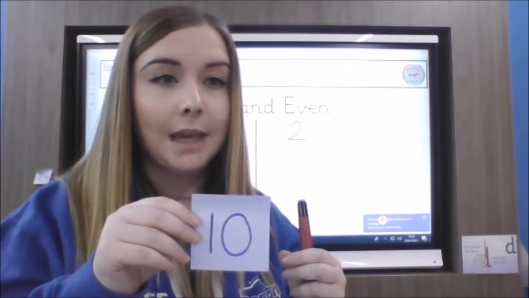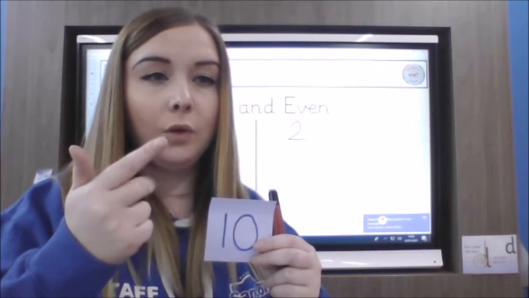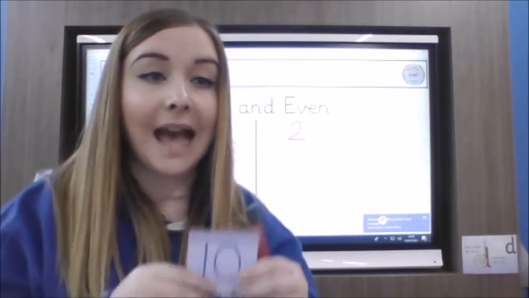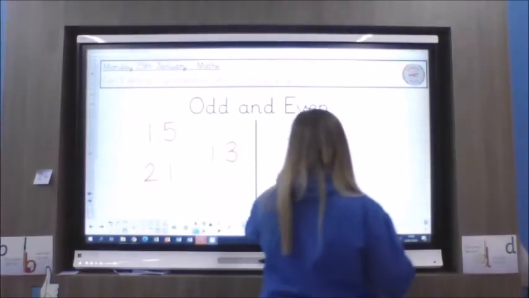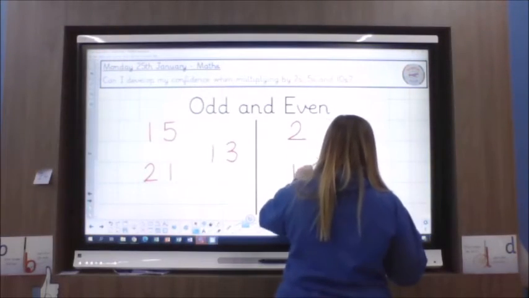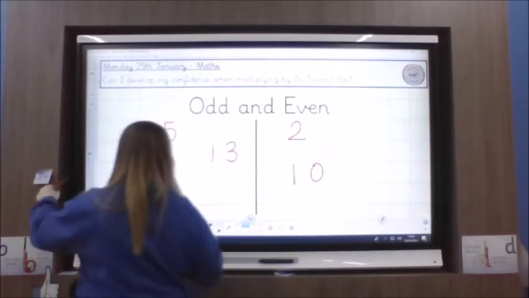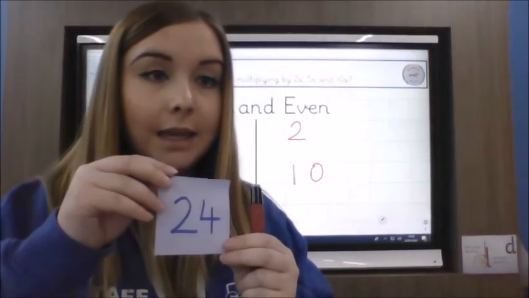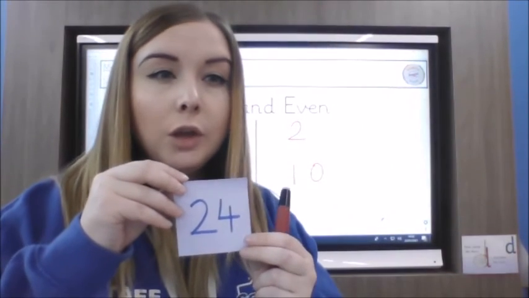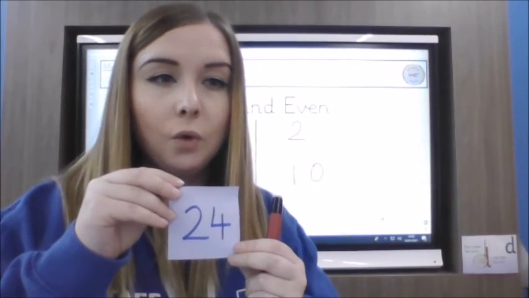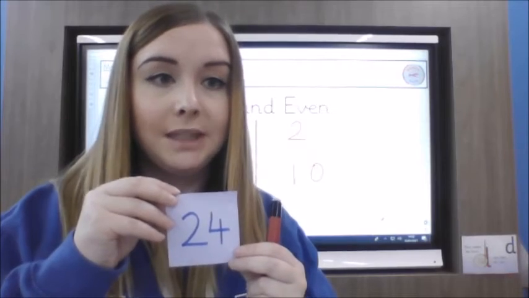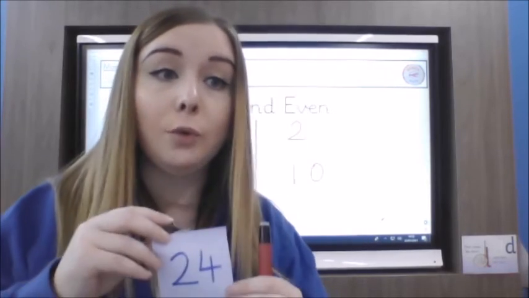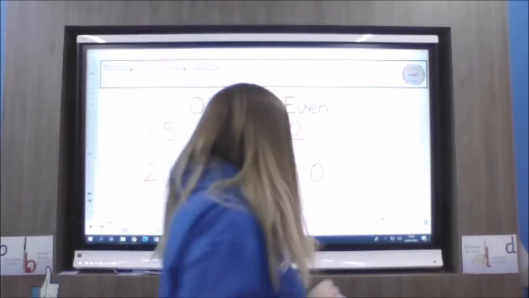Now, do I say the number 10 in my 2 times tables? 2, 4, 6, 8, 10. I do, which means it's even. And then my final one then, Year 4, before it's your turn, is this one, 24. Do I say the number 24 in my 2 times table? And I do, which makes it even. Okay.